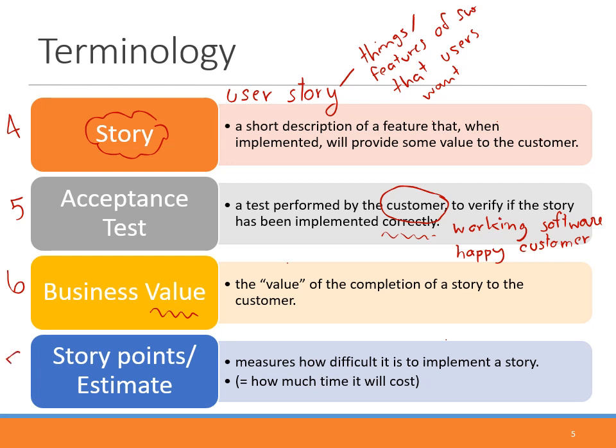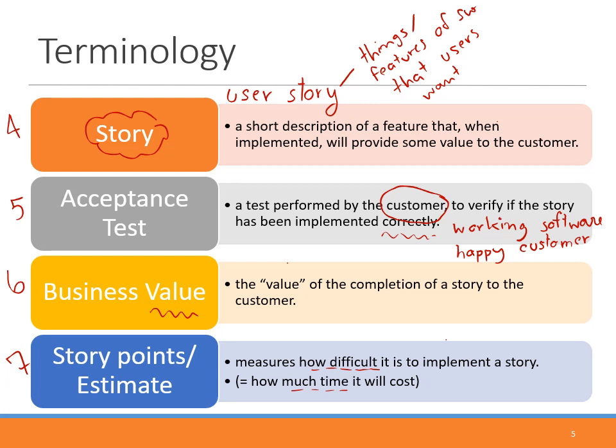Then number 7, the terminology here is called story points or the estimation, and it is used to measure how difficult a story is, how much time maybe you need to implement it. So it's a kind of estimation.